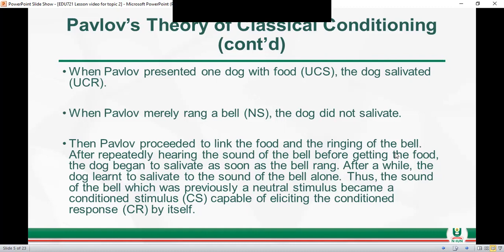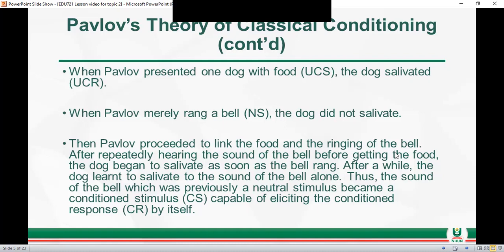Then Pavlov decided to withdraw the food and ring the bell alone to see if that sound of the bell could trigger the salivation response. And true to that, the dog salivated. So that means the dog has learned to salivate to the sound of the bell alone. First, the sound of the bell was a previously neutral stimulus.